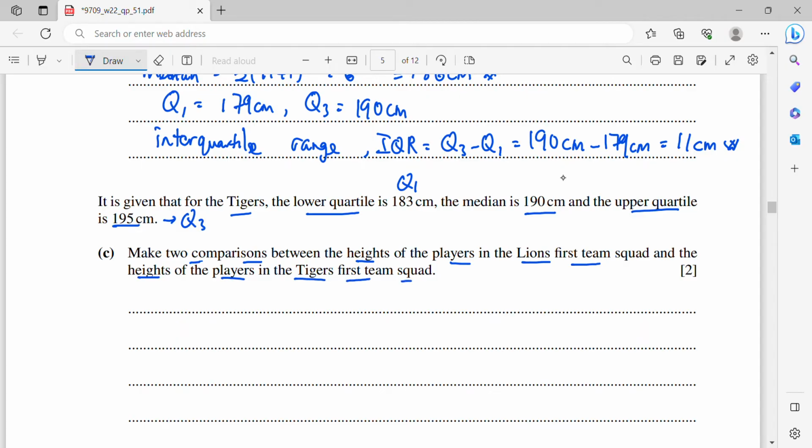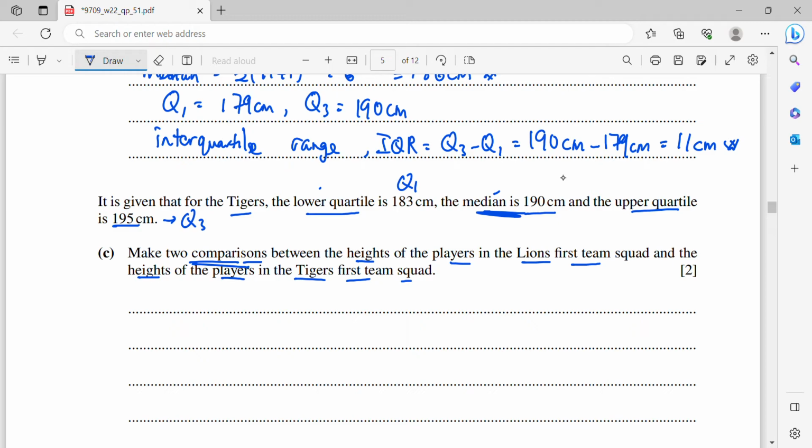So, when you need to make the comparison, since the median and the Q1, Q3 are given, what we need to do is make the comparison based on these two values, the median and also the interquartile range.